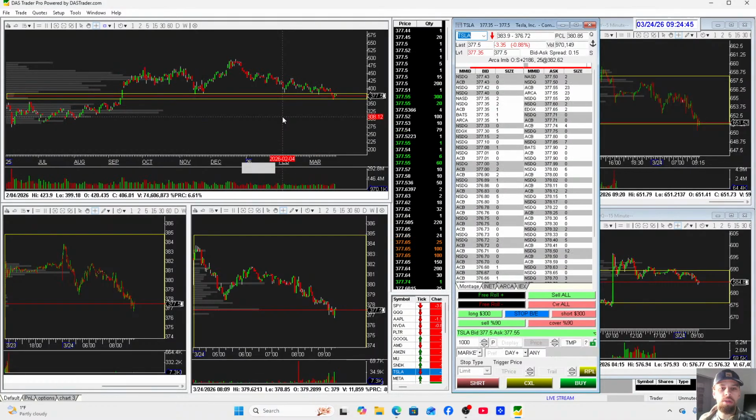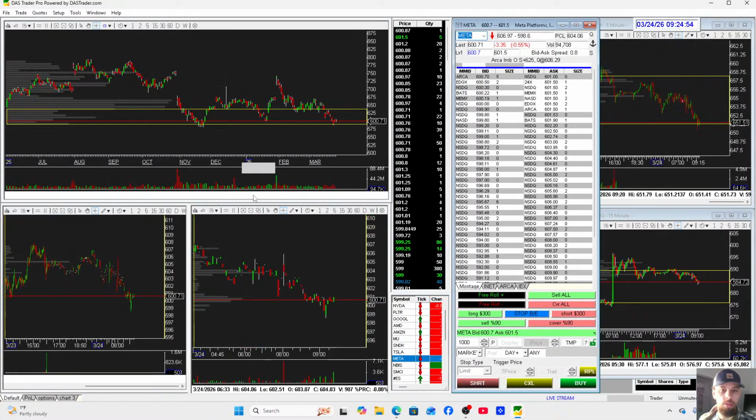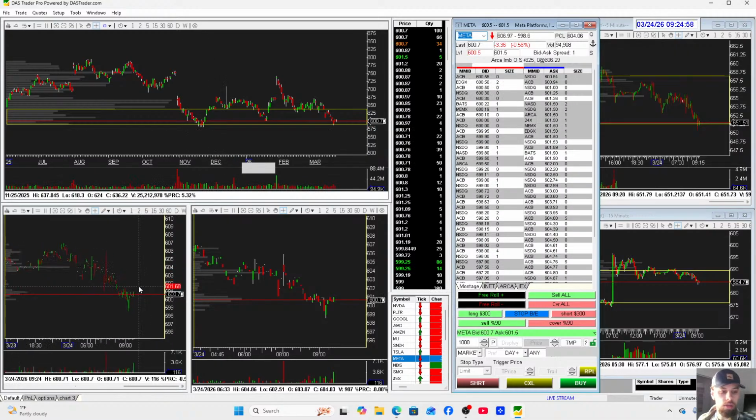Tesla kind of in the middle here. Meta testing 600.